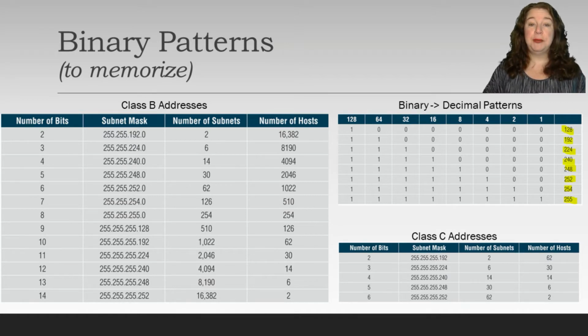For Class B addresses, starting with 255.255.0.0, that's a base Class B, and there are no subnets in that. This gives you how many subnets and hosts you can have at each number of bits that you borrowed. When we borrow 2 bits, we have 255.255.192.0. So you take the first 2 bits, 128 plus 64, you get 192. That'll create 2 subnets, and it can hold about 16,000 hosts per subnet.